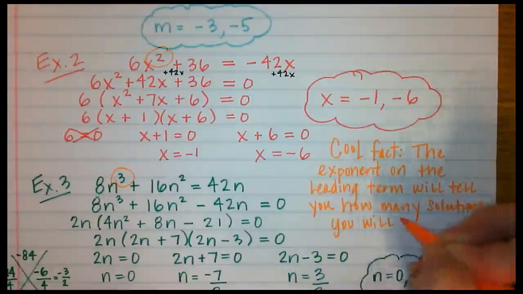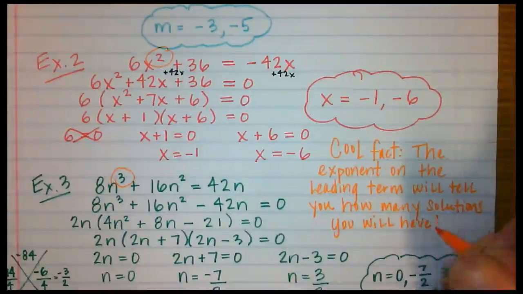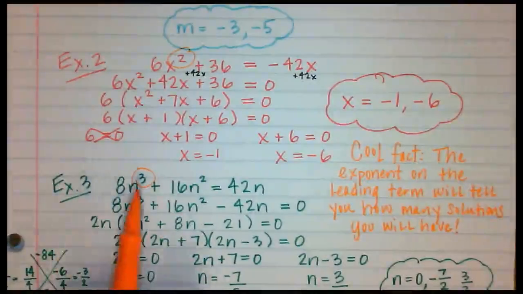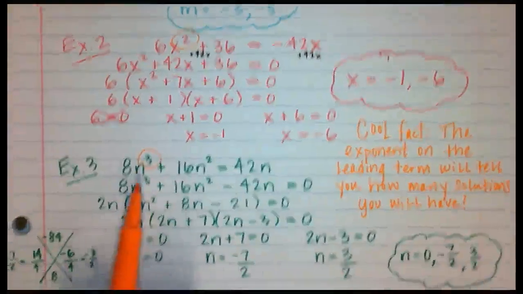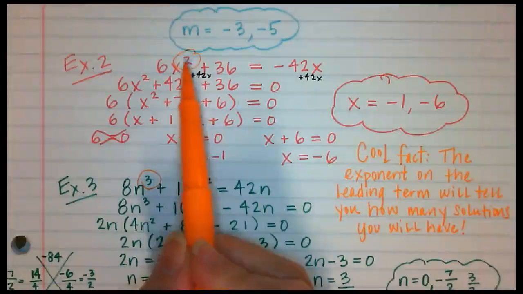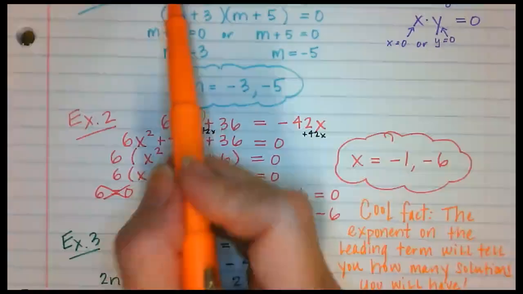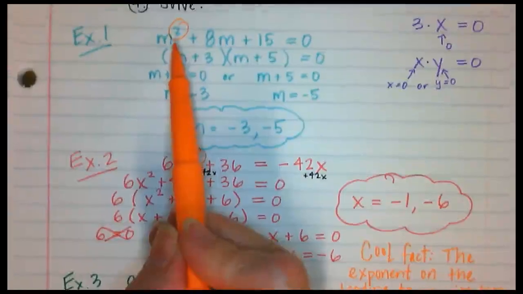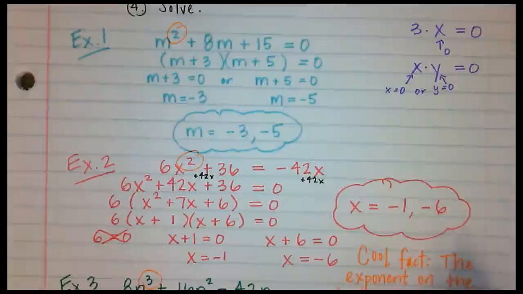So that's just a neat way to check. So this exponent right here tells me I should have 3 answers for n, and I do. This one right here tells me I should have 2 answers, and I did. This one tells me I should have 2 answers for m, and I did.